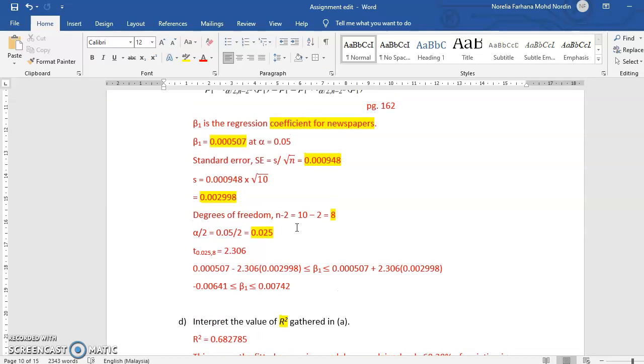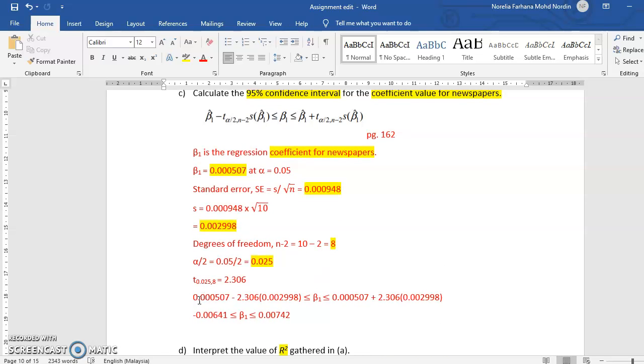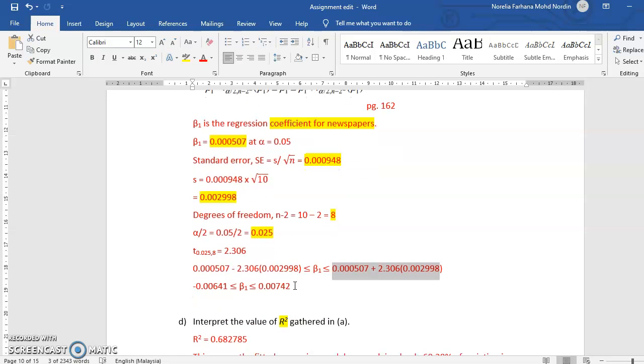So, semua value dah dapat. Masukkan saja dalam equation ni. Jadi contoh dia. And then calculate sebelah sini dulu. And then right hand side. So, final answer ini.